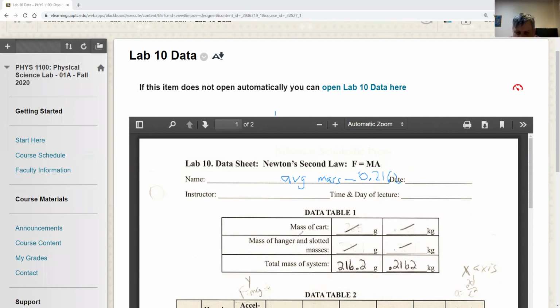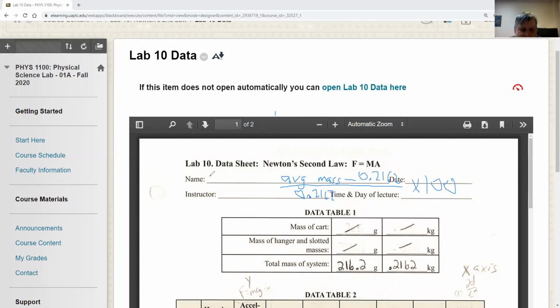So this number right here, you're going to divide that by 0.2162, and then multiply that by 100, make it into a percentage.